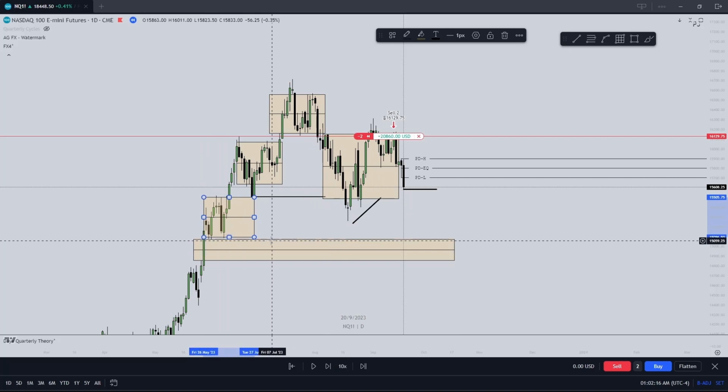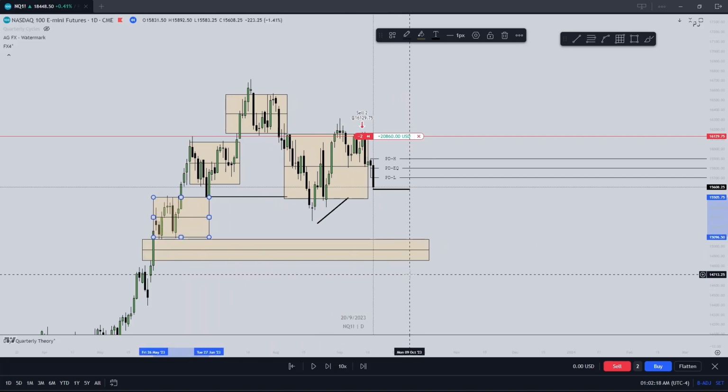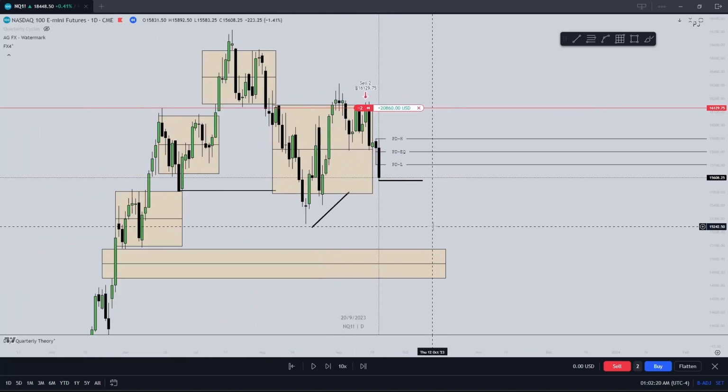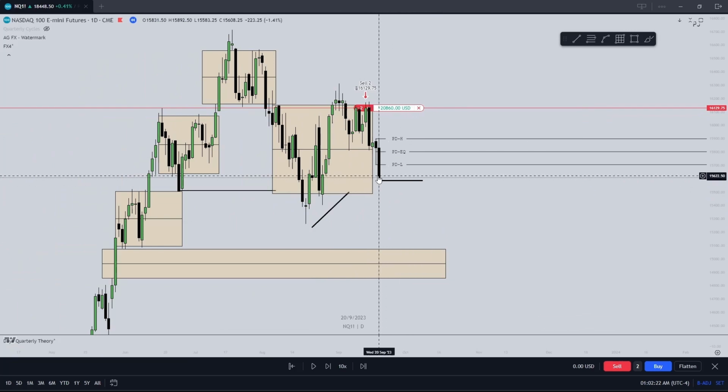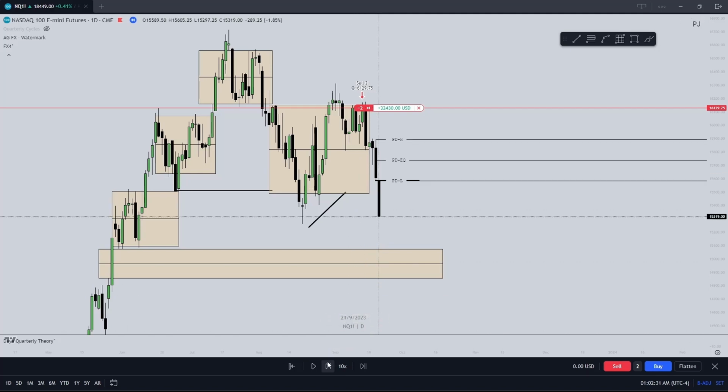So now we see our sell model into this low. Coming into Thursday. High probability Thursday. We at least got this swing low. And just because Friday has the possibility of maybe sweeping this low, then retracing, just for this, I'm going to get out.